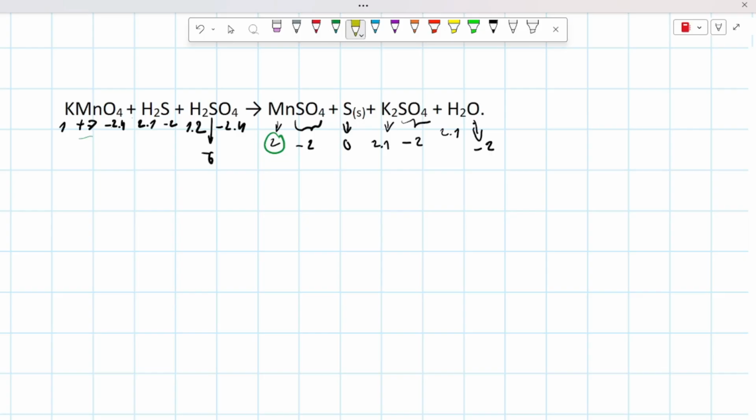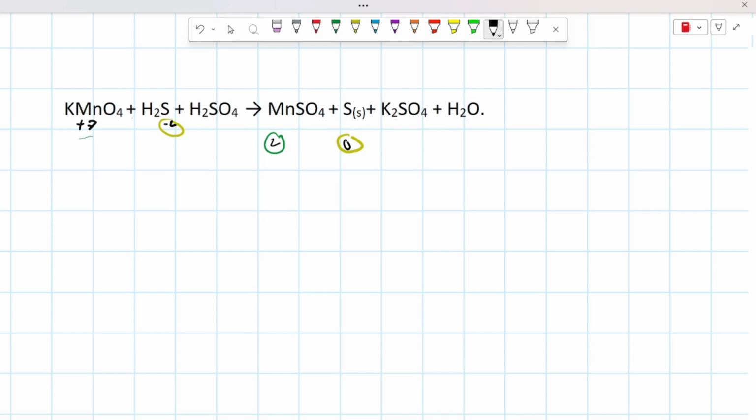Secondly, we can see that at the beginning of the reaction, sulfur has -2 oxidation state, and at the end it has a 0 oxidation state. So we know that's the other atom that will have a role in the redox equation.